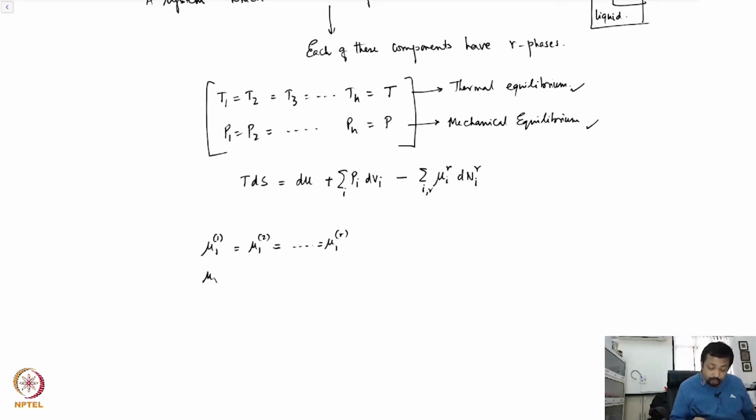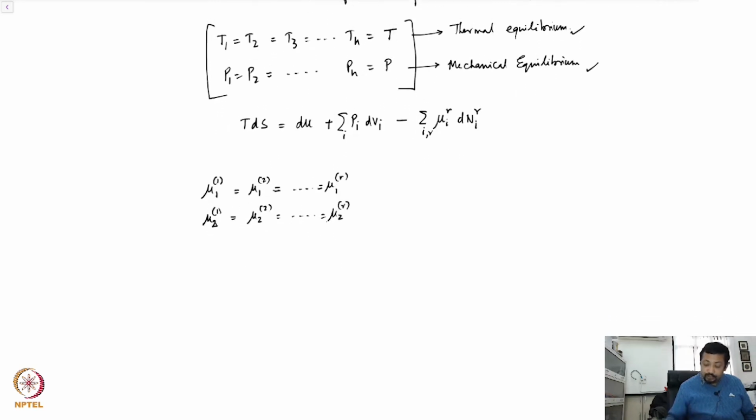One should then write down μ2 of phase 1 is going to be μ2 of phase 2, up to μ2 of phase r. So this is a chemical equilibrium between the phases, and one has μn of 1 is going to be μn of 2 all the way up to μn of r.